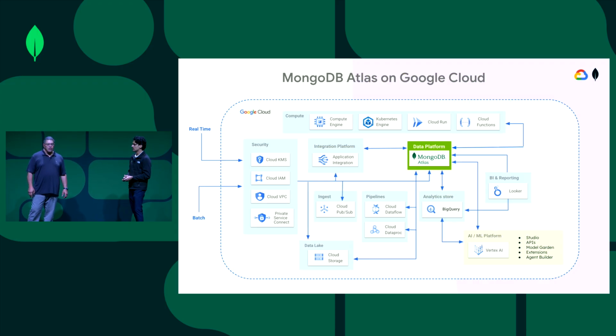Awesome. Can you tell us a bit more about the most common use cases of how MongoDB and GCP come together? Sure. So one of the most common use cases we have is replicating data from MongoDB to BigQuery for doing advanced analytics. So you can do your real-time reporting on your transactional data within MongoDB, but if you want to combine that data with the data that's already in your BigQuery data warehouse so that you can get a complete view of your data landscape, you can do that by replicating the data to BigQuery.